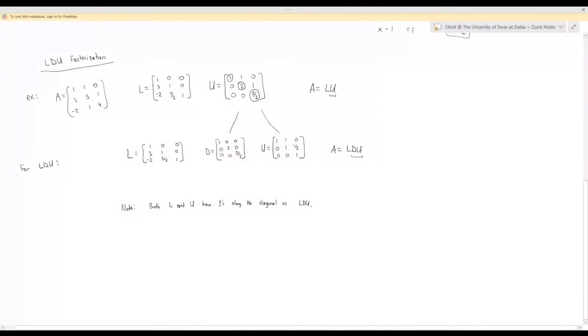So that wasn't the case in LU, right? For the original LU, L has ones on the diagonal, but not U, not necessarily at least. But in LDU, both have ones along the diagonal. So there's a nice symmetry in the LDU factorization, which is lacking in the LU.